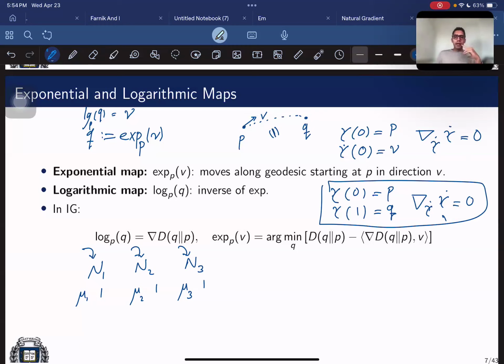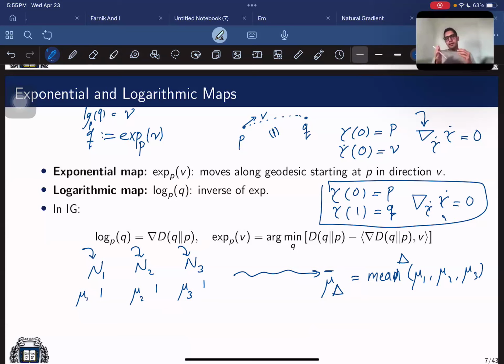Now, we can change the connection metric, and I would show the mean of these 3 with respect to that to be the mean of the 3 mu1, mu2, and mu3 with respect to that connection. Again, if you change the connection, you're changing the concept of parallel. And with that, you are changing the concept of being the mean of 3 points.